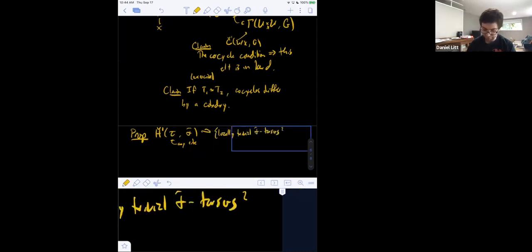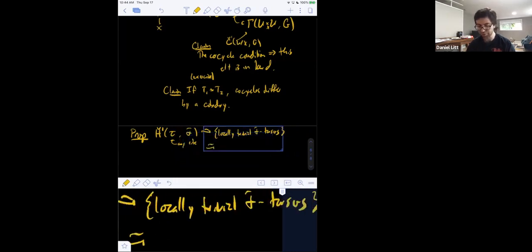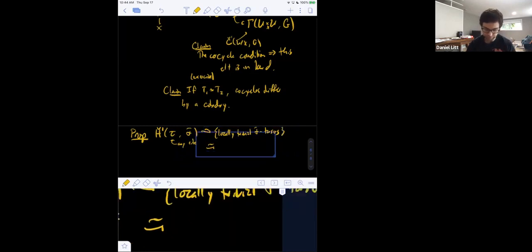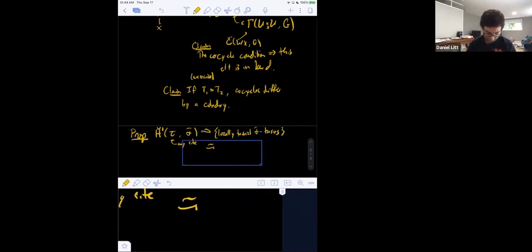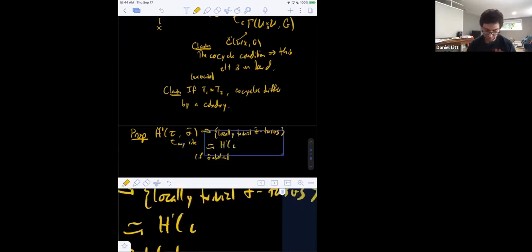Here F is any sheaf of groups, and locally trivial just means split by some cover. And moreover, if F is abelian, this is isomorphic to derived functor cohomology, H1 tau of F.